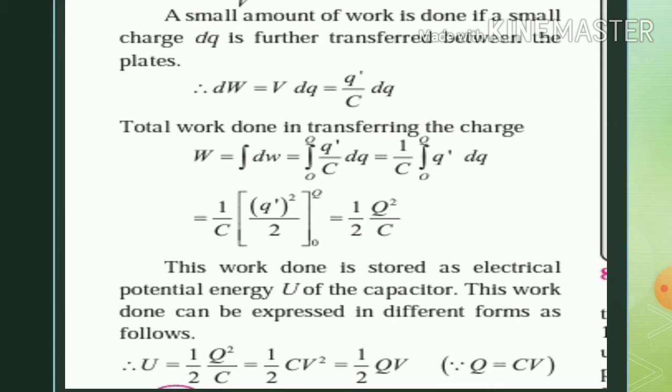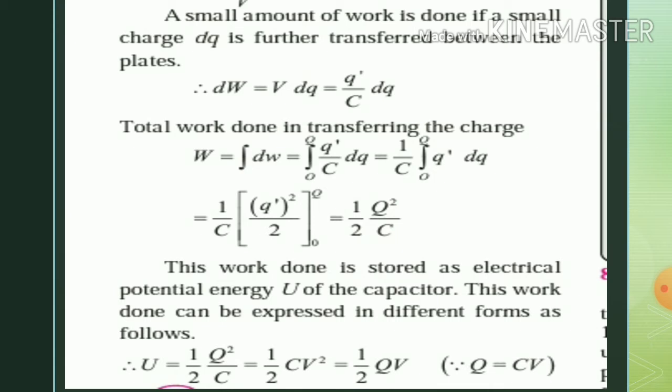So the total work done in transferring the charge is integration dW, which is nothing but W. So we can write W equal to integration from 0 to capital Q of Q dash upon C into dQ.